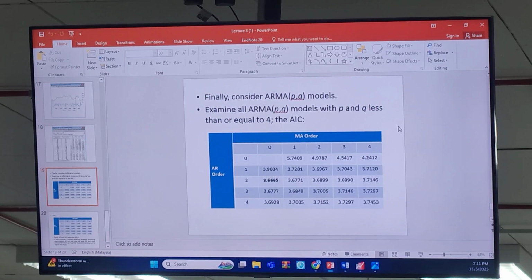Now, finally, consider the mixed ARMA(p,q) model, with p and q less than or equal to 4. Again, if you want to compare, you have to take note and record the values of AIC and SIC.